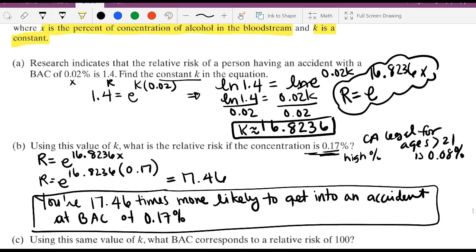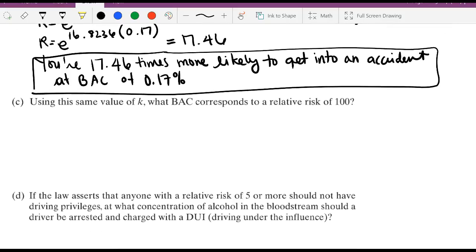All right, next we're moving on to C. Using the same value for K, what BAC corresponds to a relative risk of 100? 100 means you are 100 times more likely to get into an accident. So we're going to use the same equation.